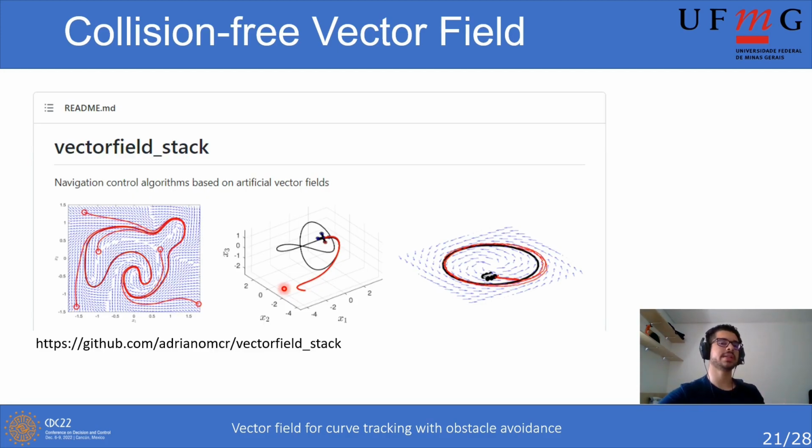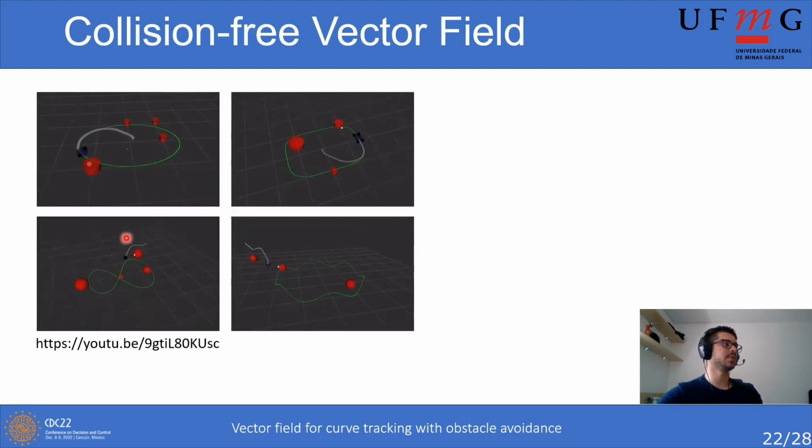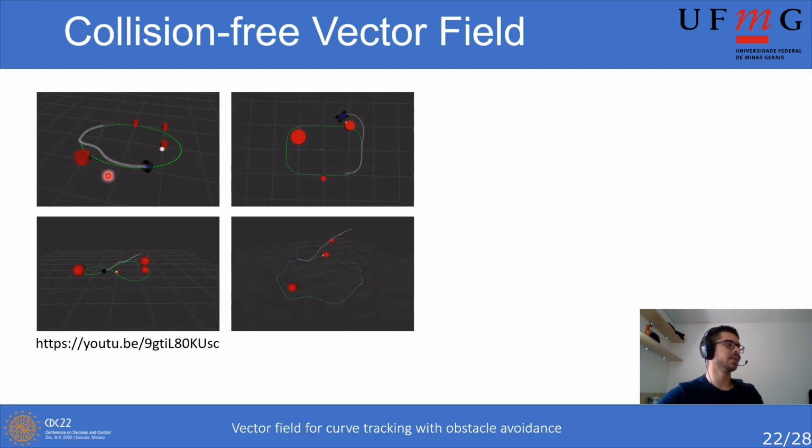To corroborate the theory with solid results, we have this vector field stack, which is a set of ROS packages that allows simulations using our vector field approach in different robot models, with the obstacle avoidance.